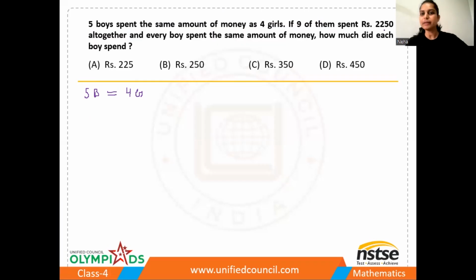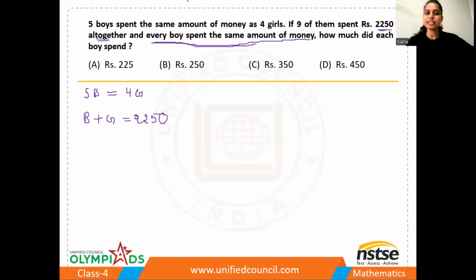If 9 of them spend 2,250 rupees altogether, that means boys plus girls are spending 2,250 rupees altogether. And every boy spends the same amount of money. Just underline the lines which are important in the question. So how much did each boy spend? The question is very nice.